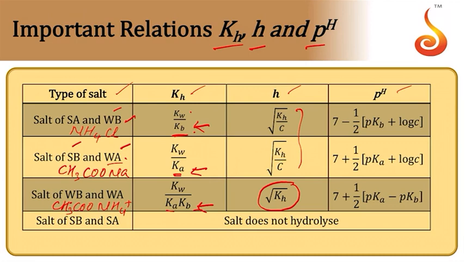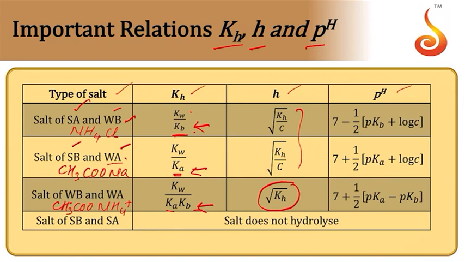Then comes the pH formula. When you take a salt of a strong acid, the pH is going to be less than 7. So the formula will be 7 minus pKb by 2 minus half log C; both are minus signs, which we have taken common here. If it is a salt of a strong base, the pH is going to be more than 7.